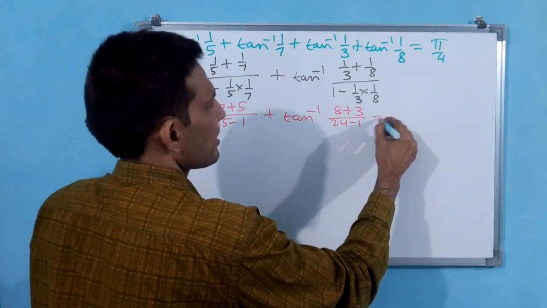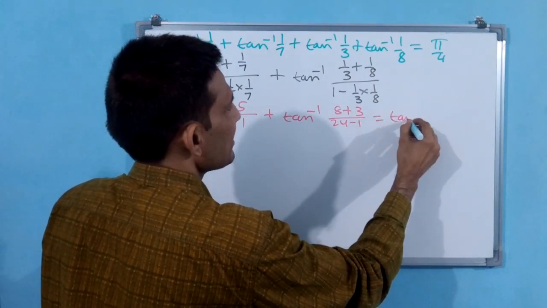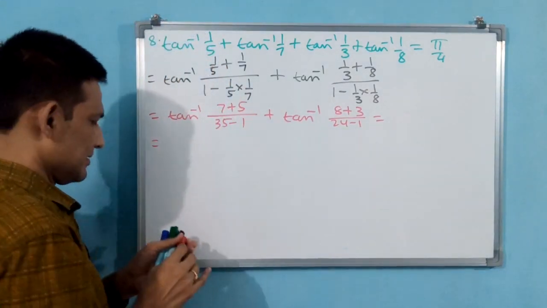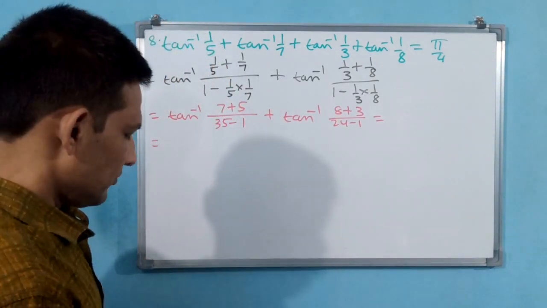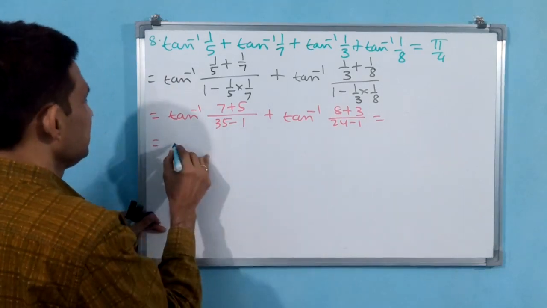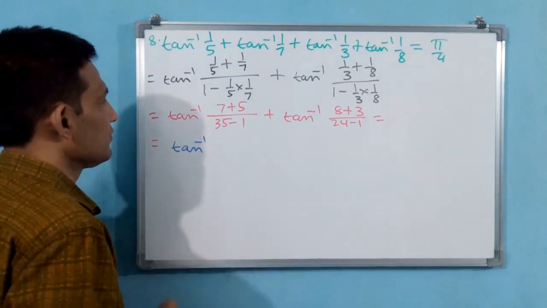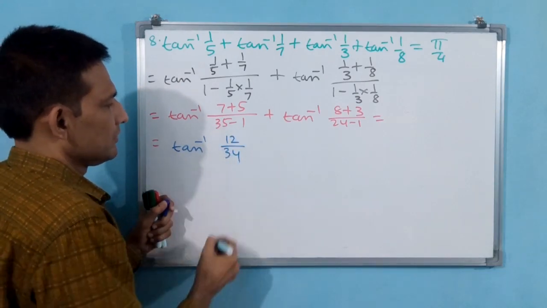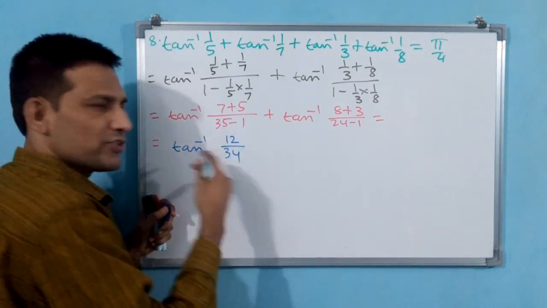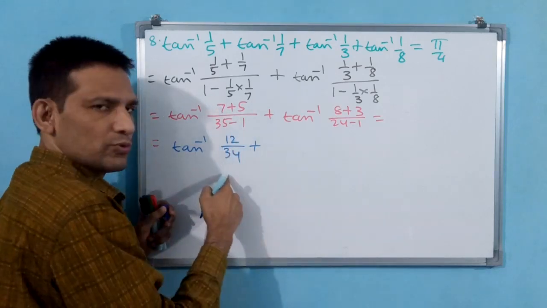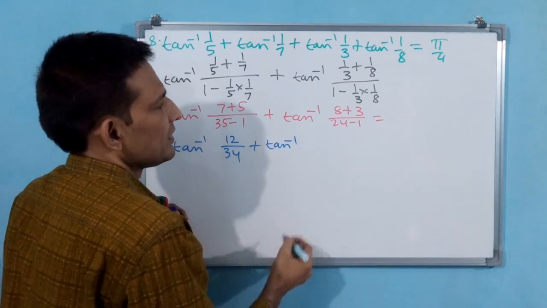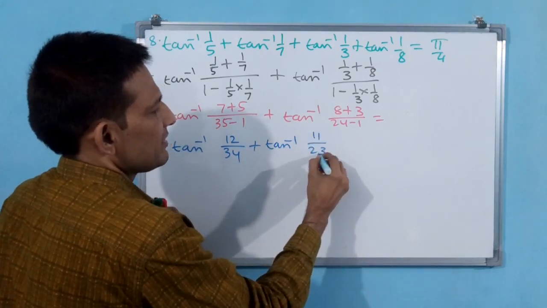But here the direct answer you are going to get. Tan inverse we write here only. Tan inverse, you see, 7 plus 5 is 12 by 34. Again it is going to 2 6s are 12, 2 17s are 34. We'll do afterwards. Tan inverse 11 by 23.